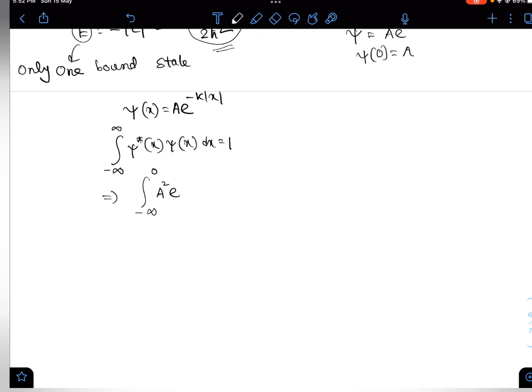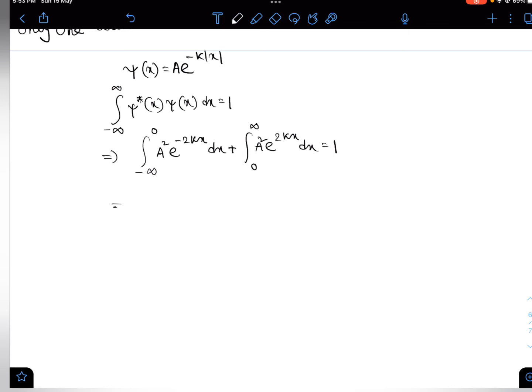So A squared e to the power minus 2kx, and in this limit we have A squared e to the power 2kx. So from the first term we will get A squared by 2k, and it will give us e to the power 2kx. So this is from minus infinity to 0.